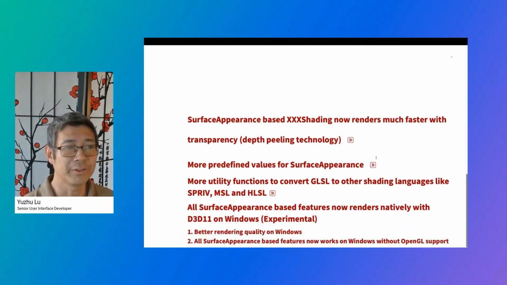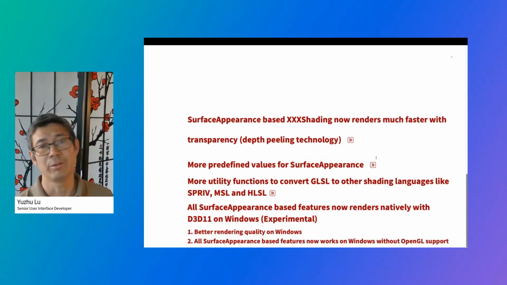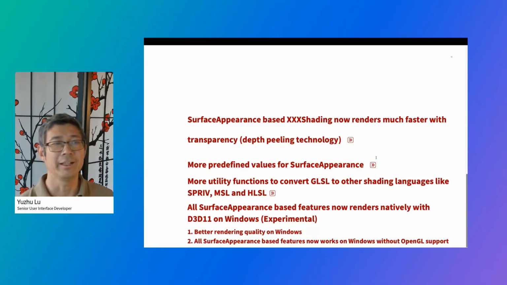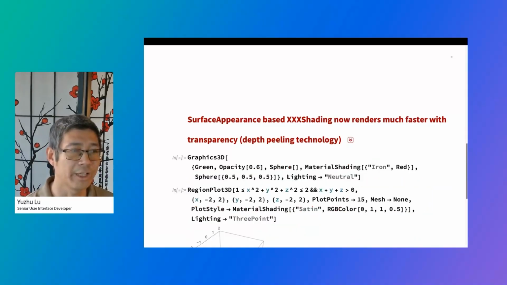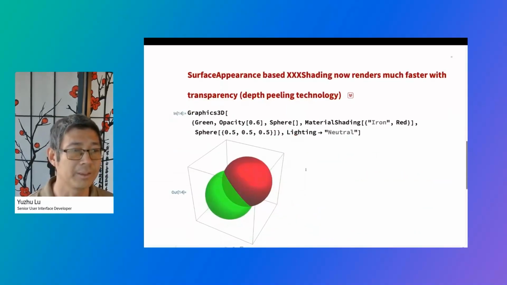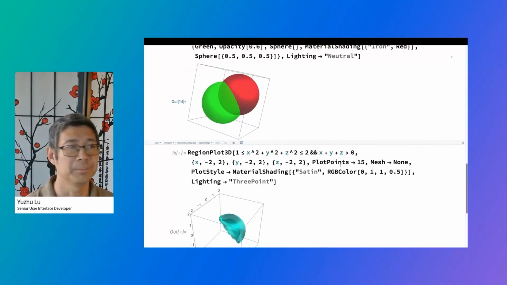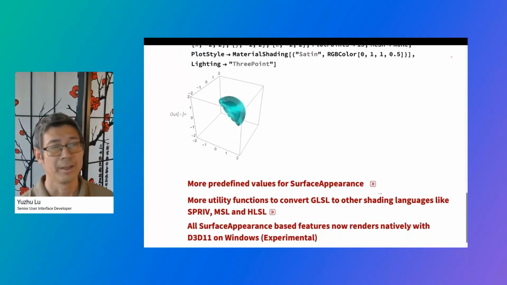For the 3D surface appearance-based shadings, it now renders much faster with transparency. It has the hardware depth peeling technology, and it will do the sorting on GPU instead of on CPU as previously. And it's much more responsive now.